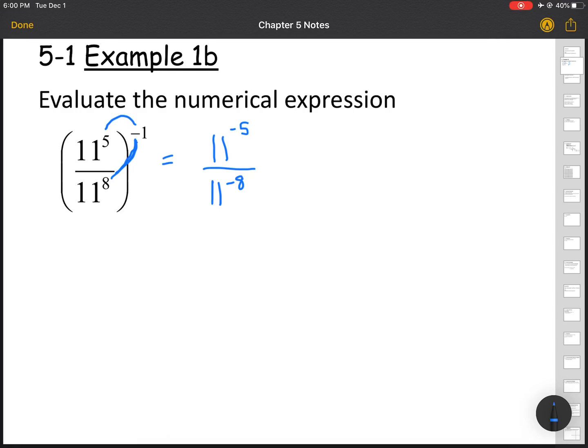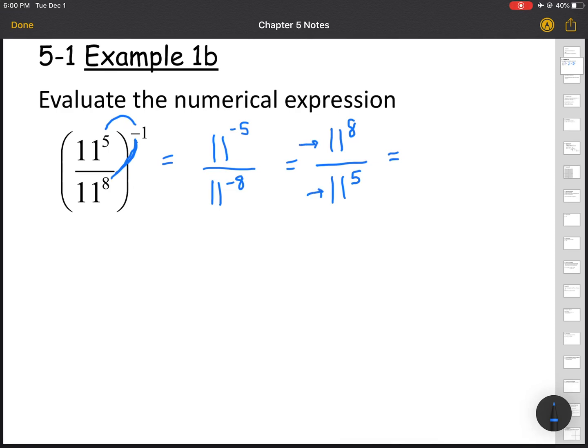Then, since these are both negative exponents, I need to flip them, right? So if I flip 11 to the negative 5 over, remember your exponent becomes positive 5. And if I flip the 11 to the negative 8th power, it flips to the top and becomes positive. Okay? Now if I look here, well, I have the same base. That's 11 and 11.